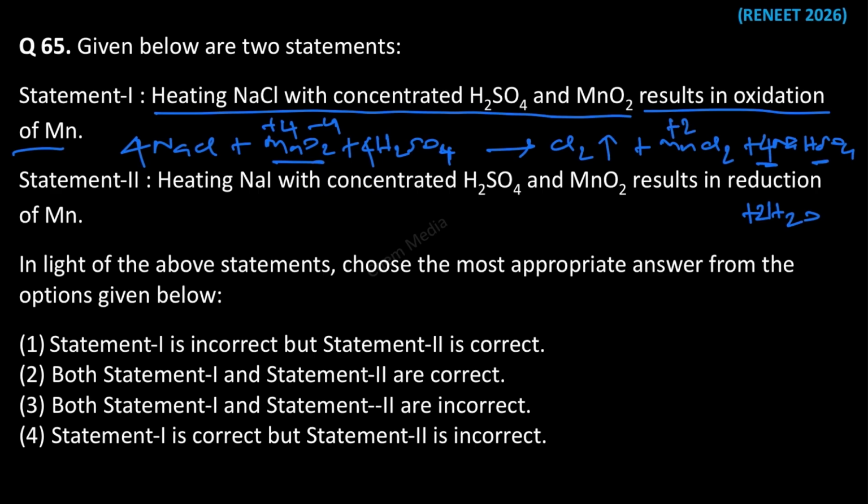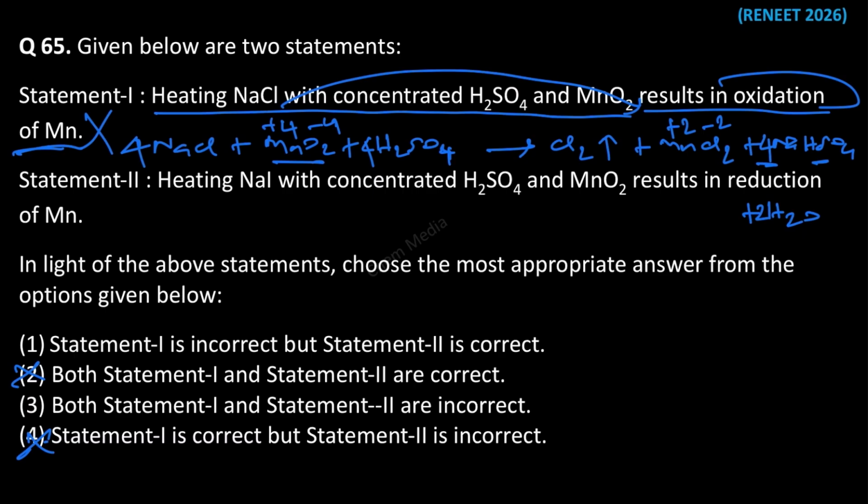Because for each chlorine we give -1, therefore -2 here, which means +4 to +2, that is reduction. But the question says it is oxidation of manganese, so therefore statement 1 is incorrect, which means option 2 is wrong, option 4 is also wrong.